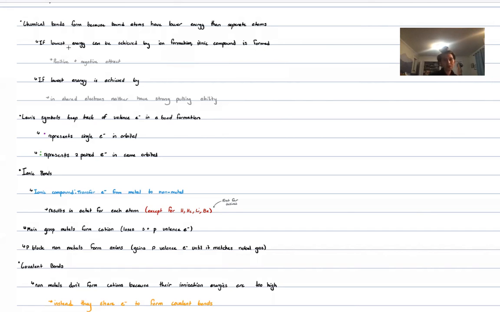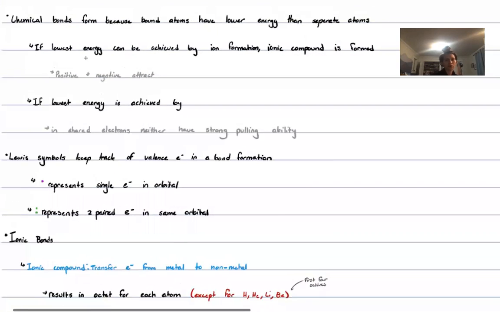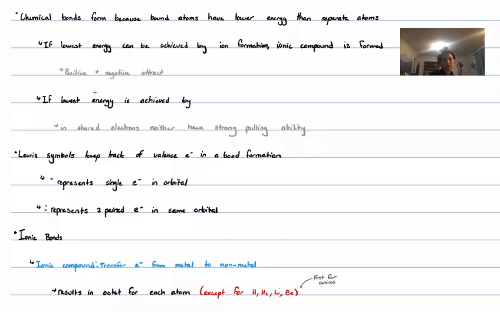So here, let's zoom in. Basically, if the lowest energy state that atom can reach is by forming an ion, so it totally gives away that electron, or one totally takes it, then it's going to form an ionic compound.